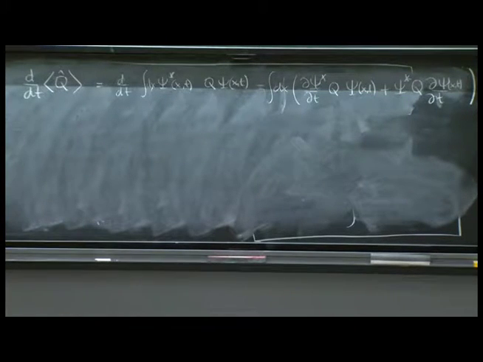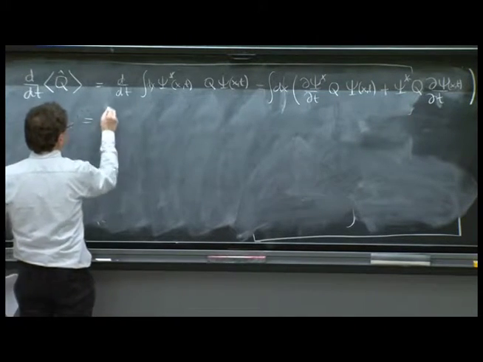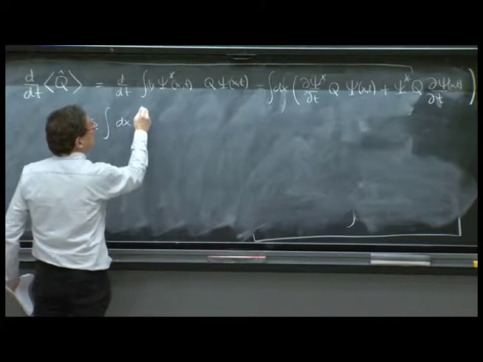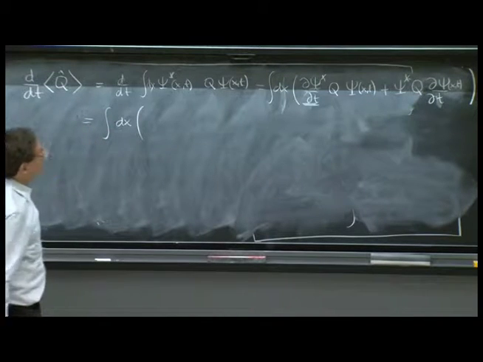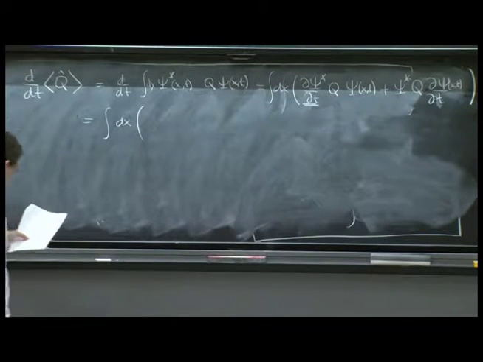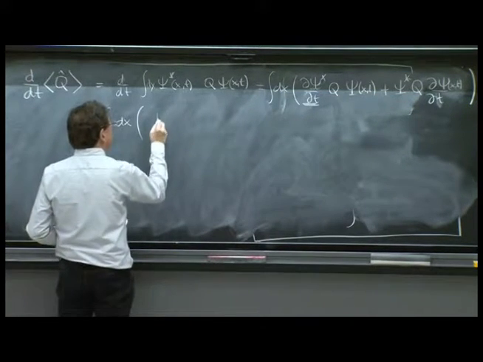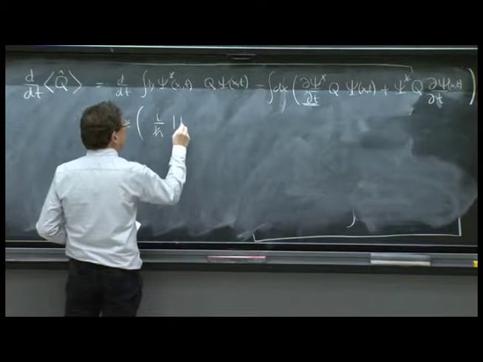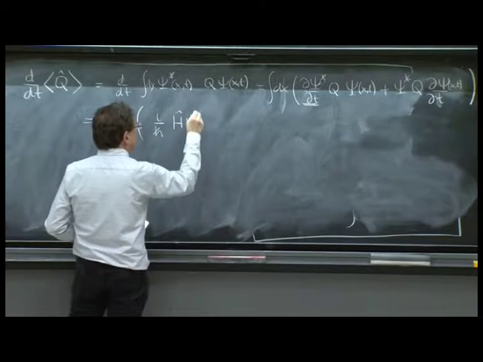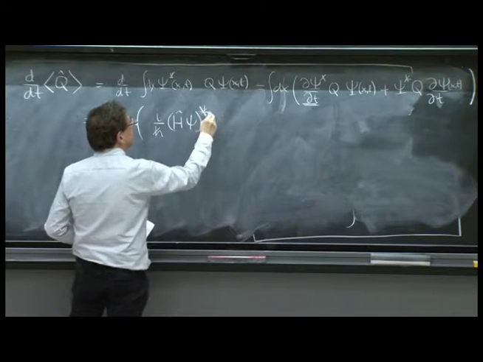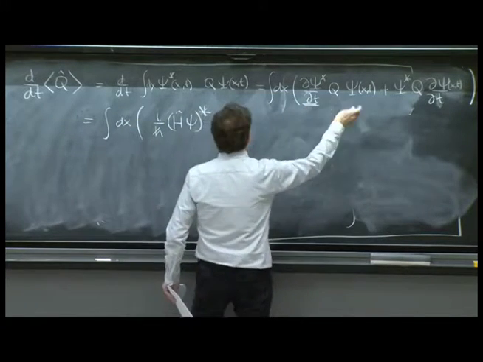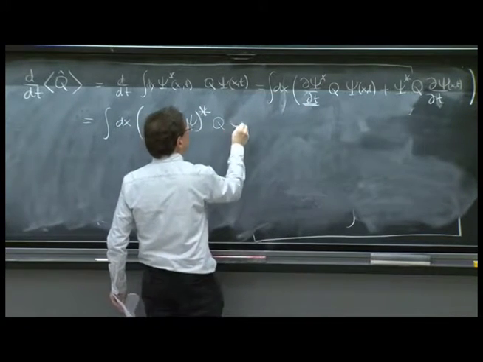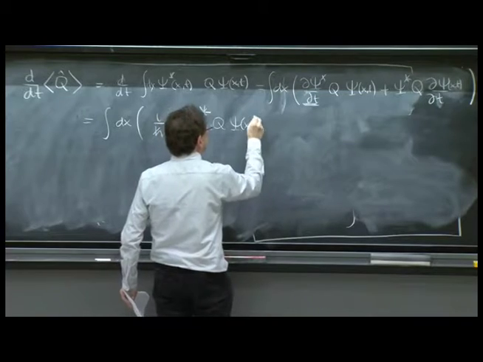And what is it? Well, integral dx. This is the Schrödinger equation. The partial psi star/dt is i over h bar, h psi star, from the Schrödinger equation. Then you have the q psi of x and t.